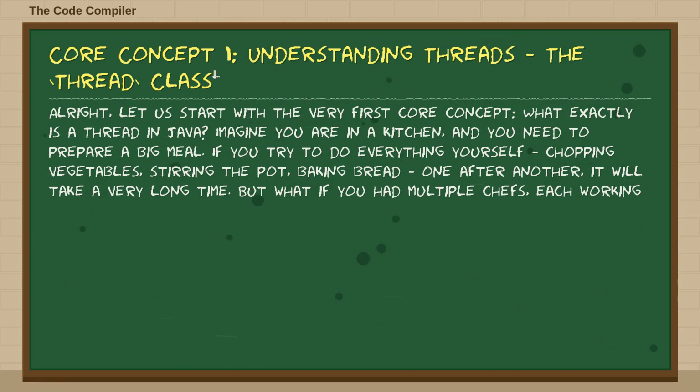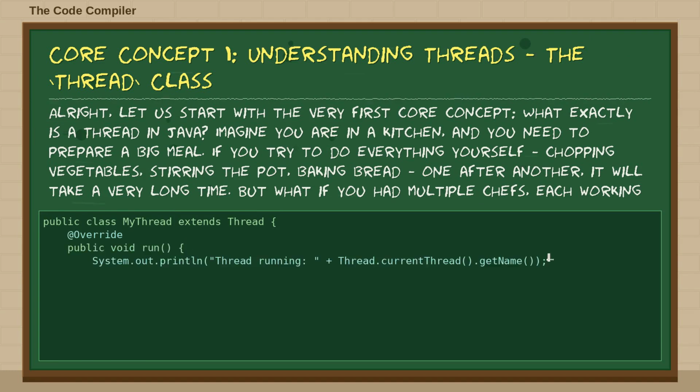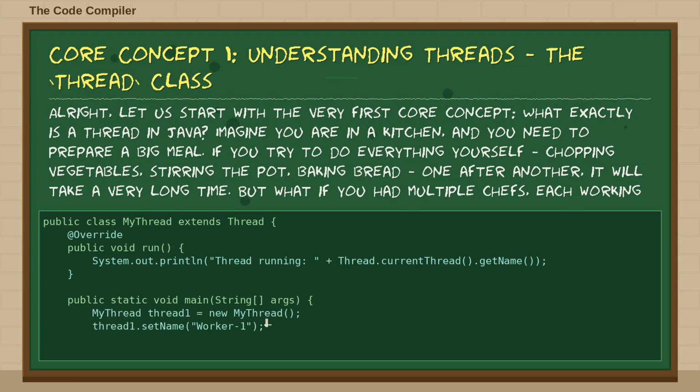The simplest way to create a thread is by extending the Thread class. You override its run method, which contains the code that the new thread will execute. Then, to start the thread, you call its start method. Remember, never call run directly, always start.